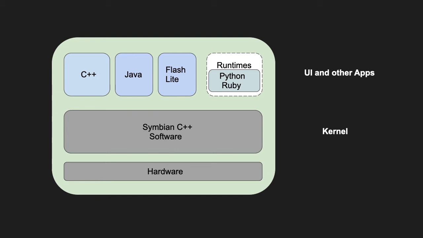And second, because of the nature of the mobile device, which is always on. So they chose C++, a very lightweight programming language, always running in the background without consuming so much of the power resources, meaning the battery lifetime.